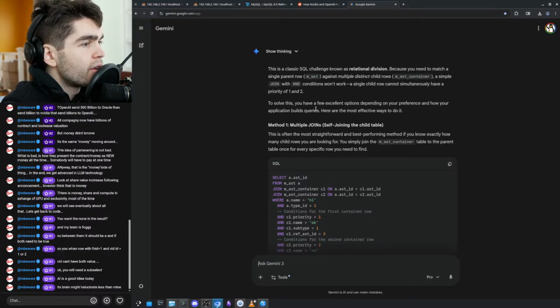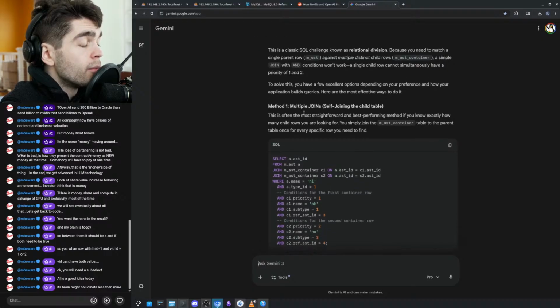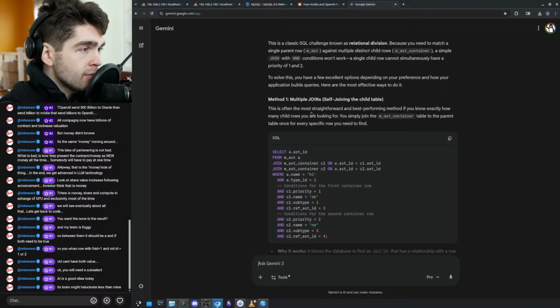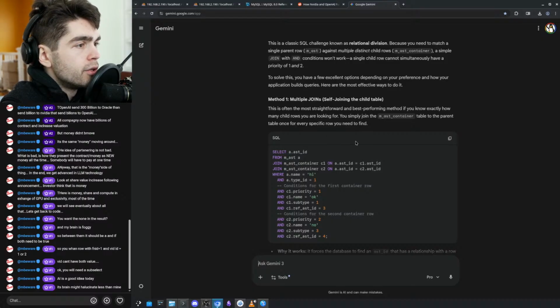Here are the most effective ways to do it. Multiple joins: self-joining the child table. This is often the most straightforward and best performing method if you know exactly how many child rows you are looking for. You simply join the MAST table to the parent table once for every specific row you need to find. Oh, that would be genius.